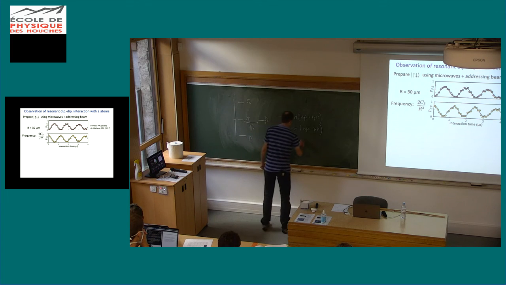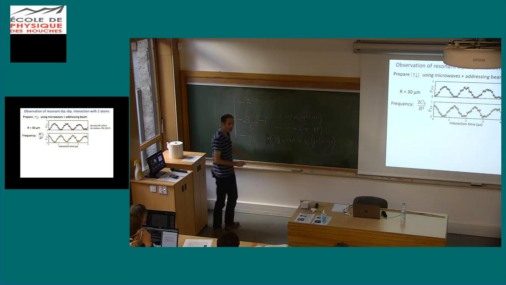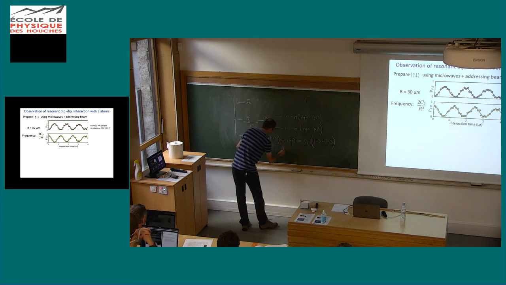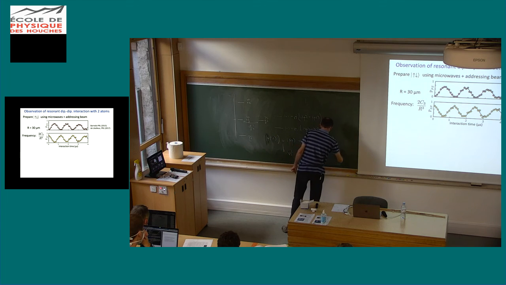This state I rewrite as a superposition of the two eigenstates, 1 over root 2 of plus and minus. Now, when the system evolves as a function of time, it evolves toward 1 over root 2 of e to the minus iVt over h bar, the V being d squared over r cubed, plus minus e to the plus iVt over h bar.